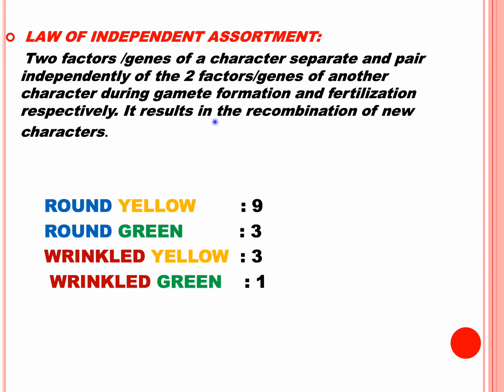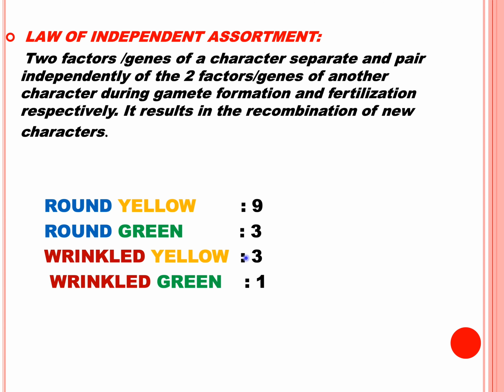So due to this, it also results in the recombination of new characters, as you have seen in the previous slide, that during dihybrid cross, which is dealing with the inheritance of two characters having two contrasting traits, in F2 generation the phenotypic ratio is formed in the ratio of 9:3:3:1.